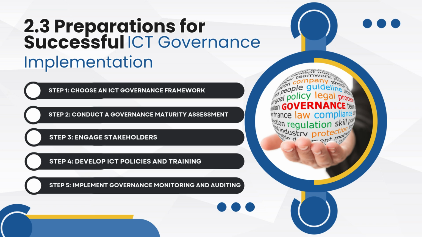Step number two, conduct a governance maturity assessment. Step number three, engage key stakeholders. Step number four, develop ICT policies and training programs. And step number five, implement governance monitoring and auditing.